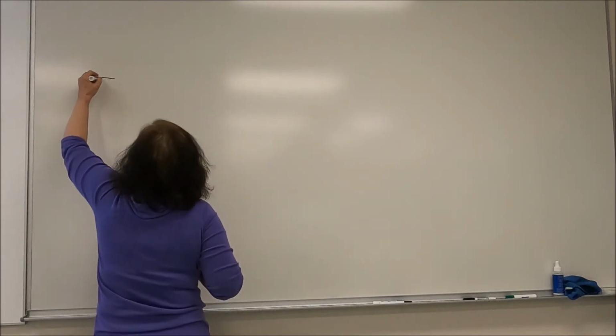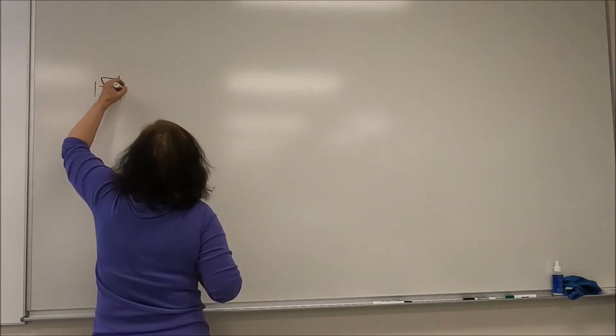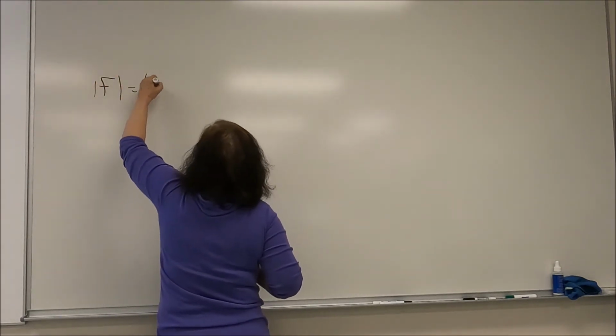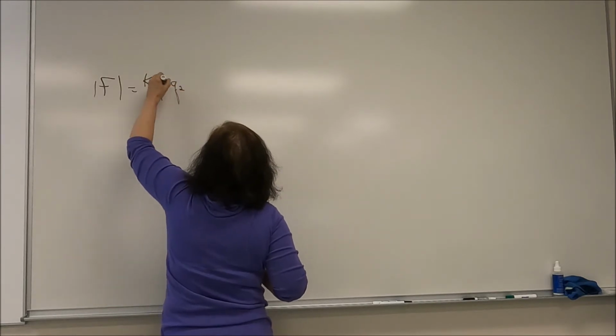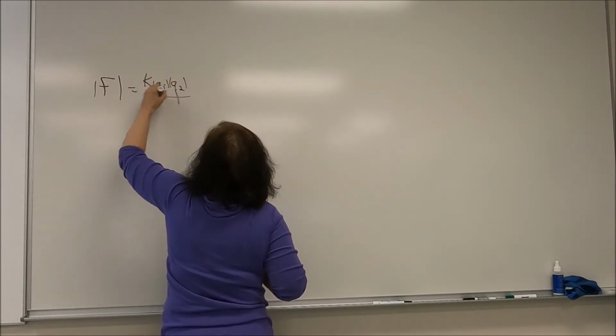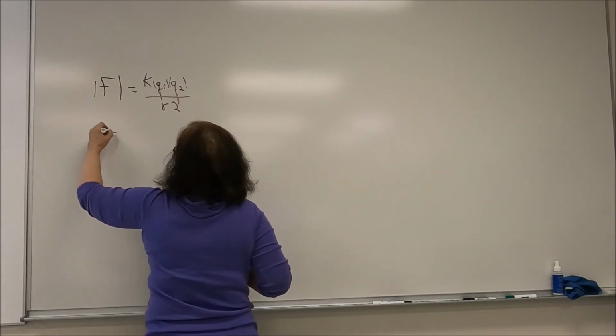So let's flip over here so that you guys can watch the board. We know that the magnitude of the force is going to equal K Q1 Q2 over R squared.